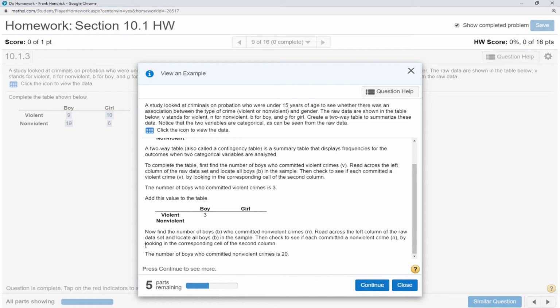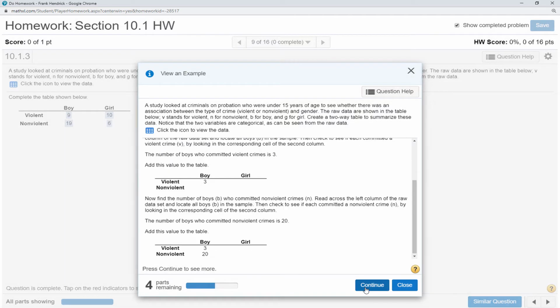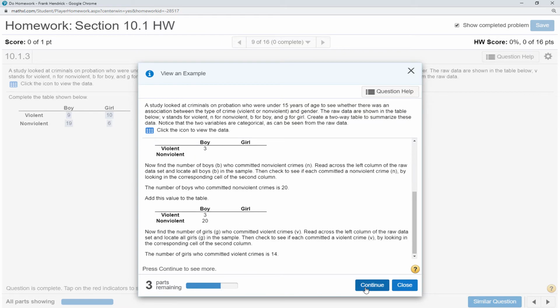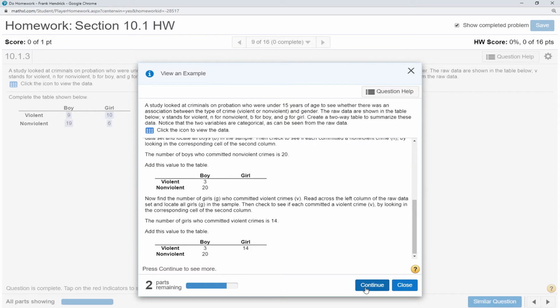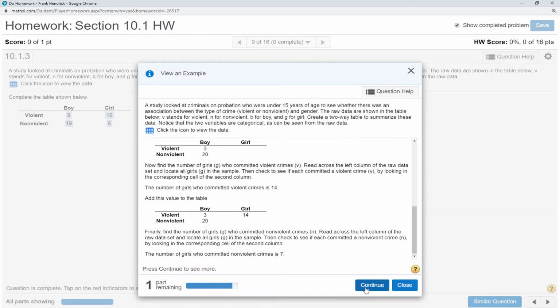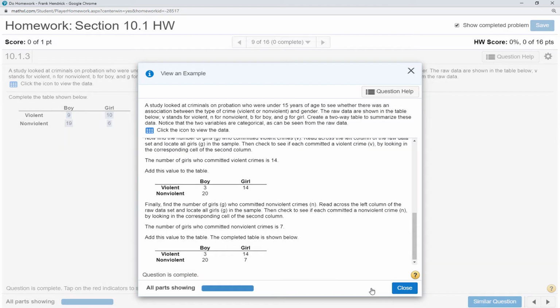The number of boys that committed non-violent crimes is 20. The number of girls who committed violent crimes is 14. Non-violent crimes is 7. And that's all they ask you to do there.